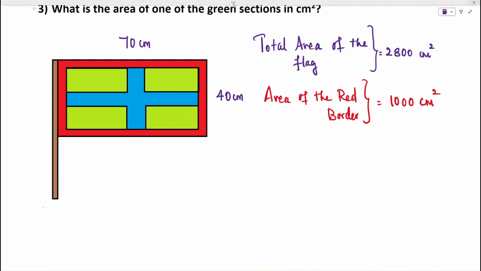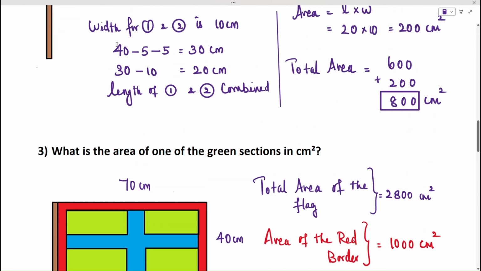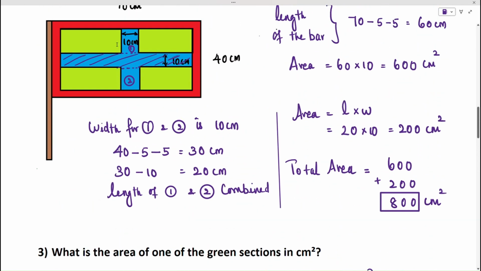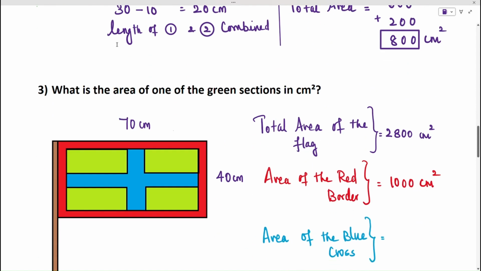And the final thing that we have to find now is the area of our blue cross. If we look back at our previous question once more, we can see that the area is 800 centimeters squared.